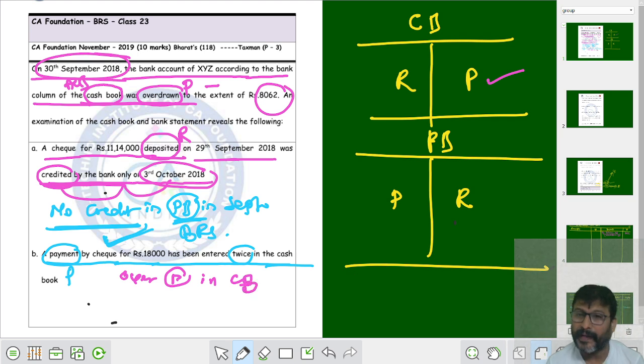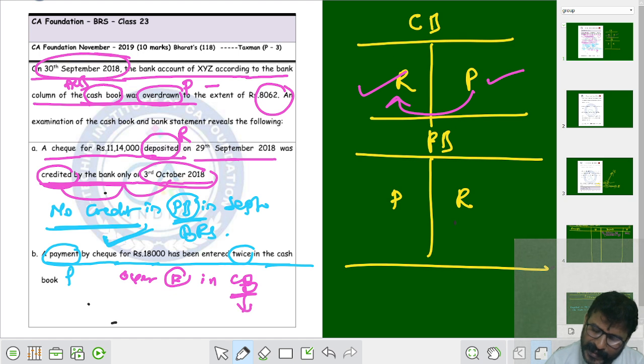Overpayment in the cash book means we have to take it on the opposite side, that is, the receipt side. Is it ACB or BRS? That is very important, right? The things that happened in the cash book come in the ACB.